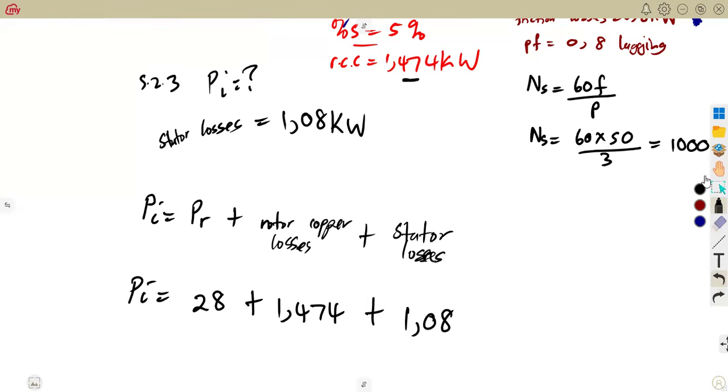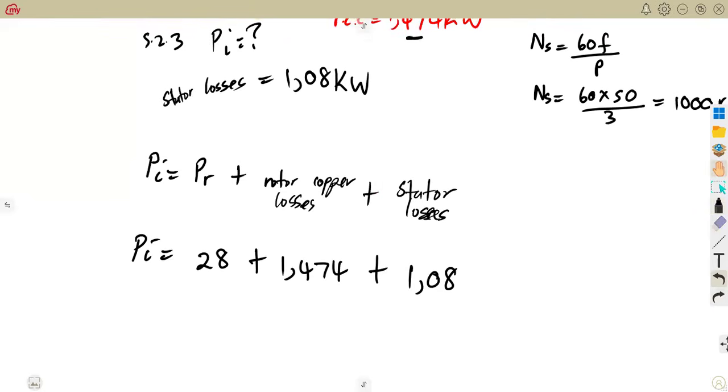Adding these, you obtain the input. Remember, when you start with the input, the losses up to the output are subtracted. The opposite: as you move from the output back to the input, you add those losses back. So it was going to be 30.554 kilowatts. This will be your input power.